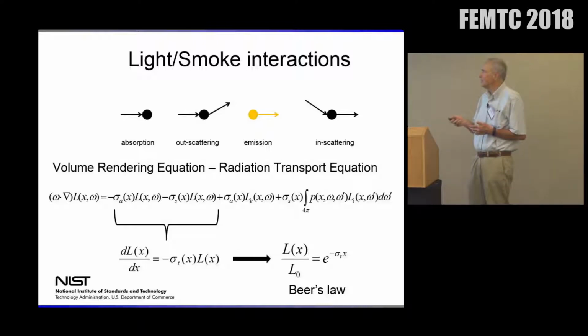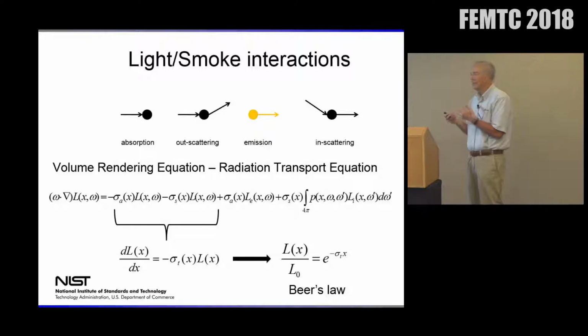One is, you have light, or just think of photons, coming across. It hits a particle of soot, and that light quantity can be absorbed by the soot. It can also scatter, or bounce off the soot. Then, if the region is hot, it can emit its own photons, and that would be where the fire is.